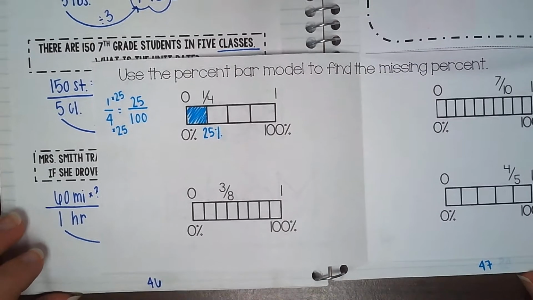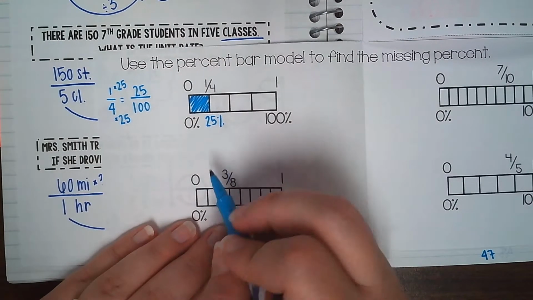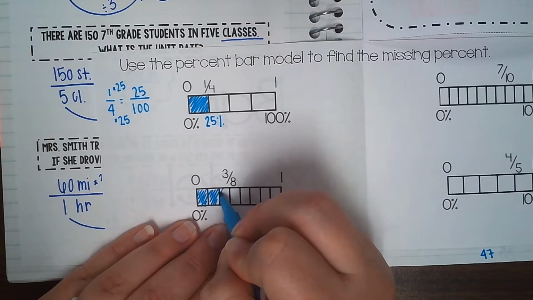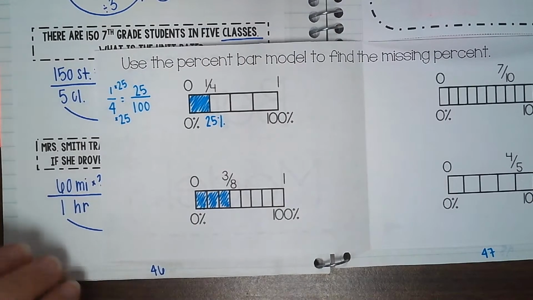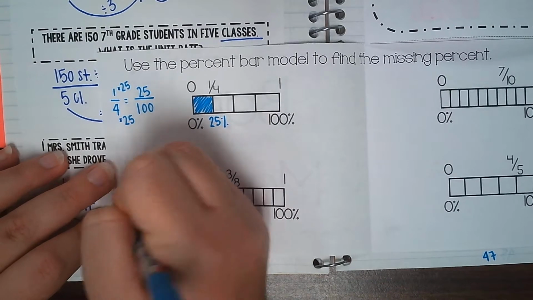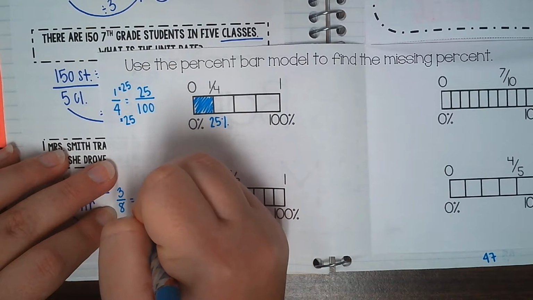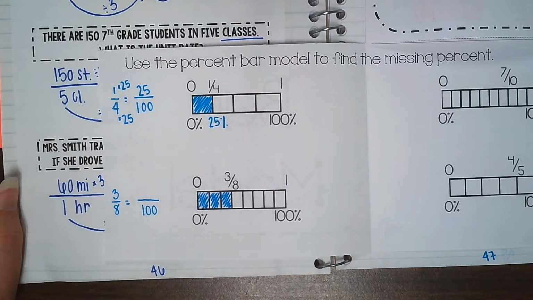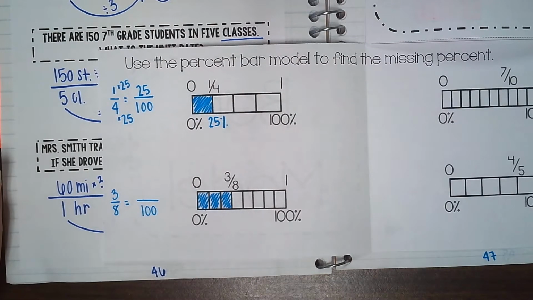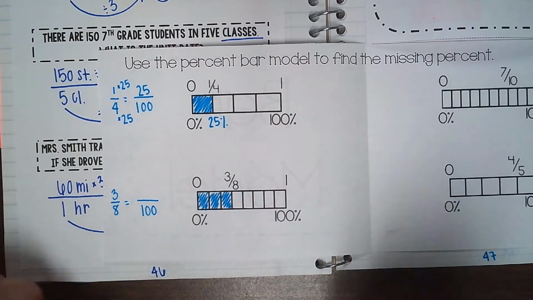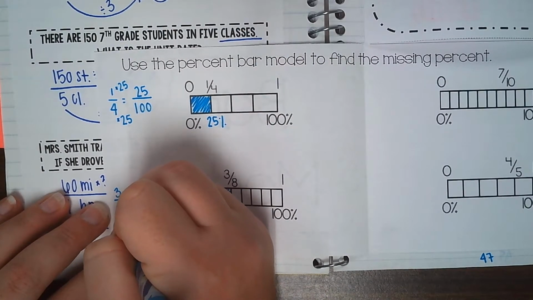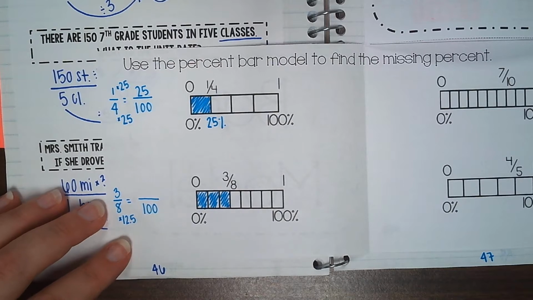Okay, below that, we've got 3/8. So we're shading in 3 out of 8. 3 over 8 equals how many out of 100? To get from 8 to 100, we can't do that evenly, but I know that if I multiply it by 12.5, that would give me 100.